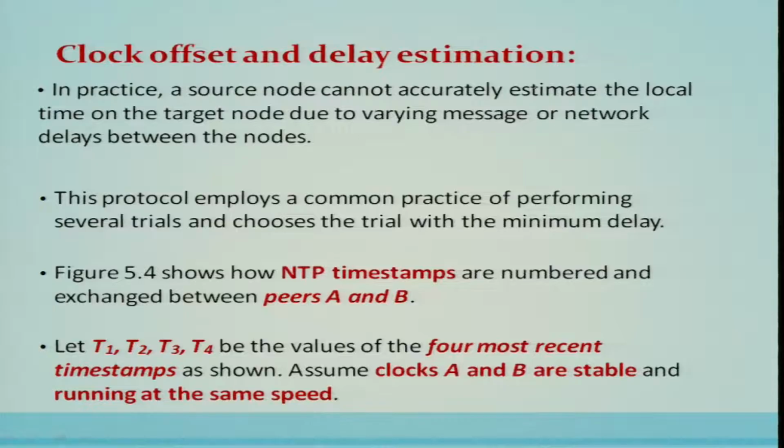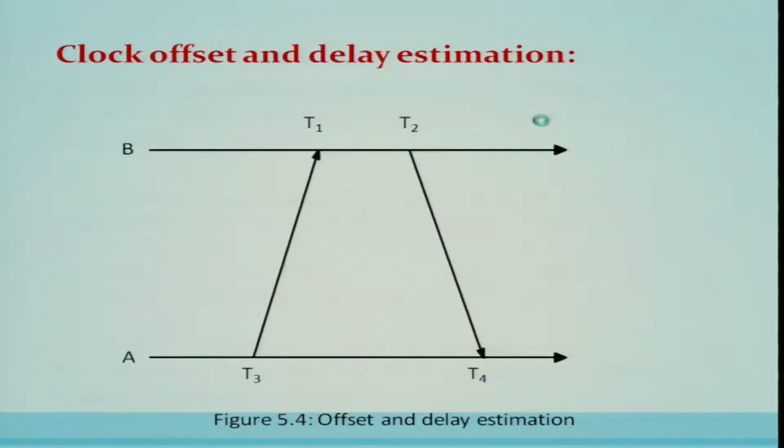Figure 5.4 shows the network time protocol timestamps, which are numbered and exchanged between the pair A and B. Let T1, T2, up to T4 be the values of the 4 most recent timestamps as shown in the figure. Assume clocks A and B are stable and running at the same speed.